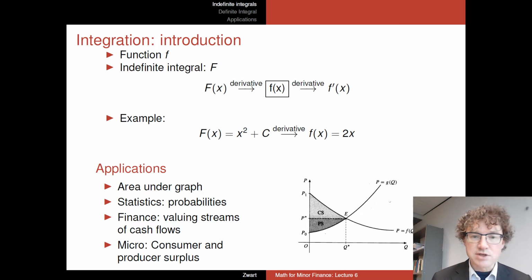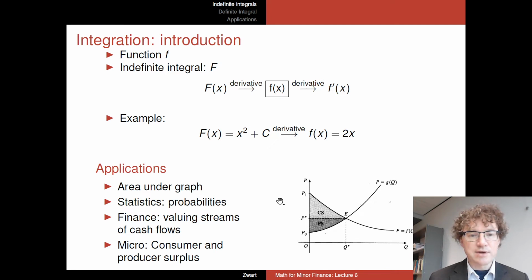And in finance, we'll see that if you have a valuable stream of cash flows, so many different cash flows together, this is often most easily done by computing an integral rather than just adding up lots of different cash flows. And in microeconomics, as I just mentioned, if you want to have a look at surplus, particularly consumer and producer surplus, and perhaps you recognize this picture as doing that, you are again involved with computing areas.